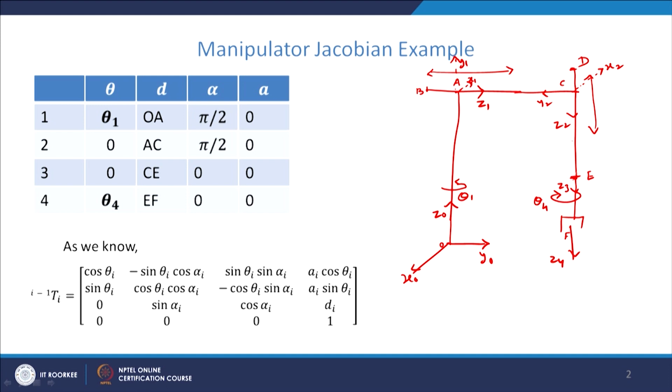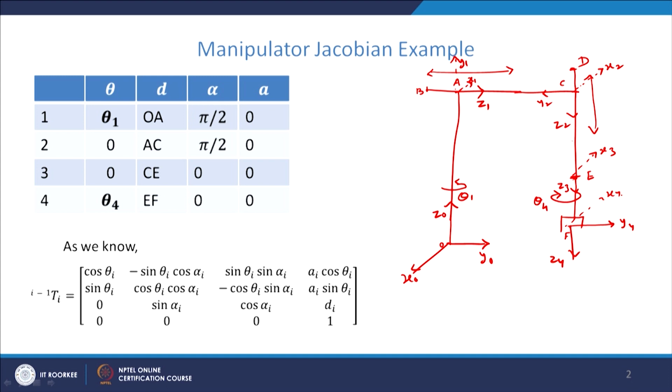Similarly, the X3 axis is parallel to the X2 axis, and the sliding direction is Y4, the perpendicular direction is X4. We have seen this elaborately in the previous lecture on the DH procedure.